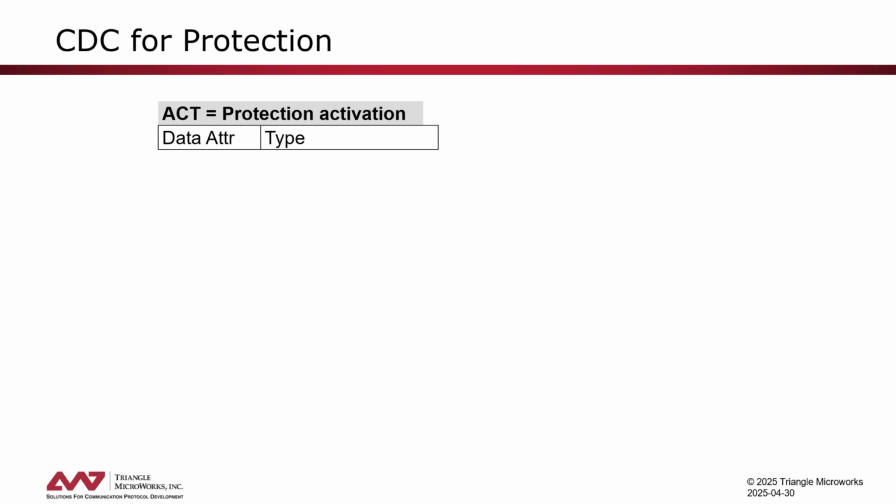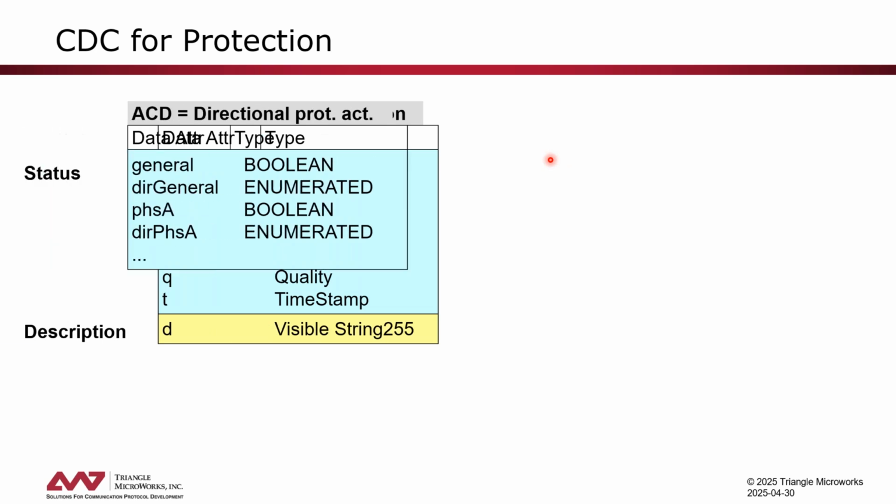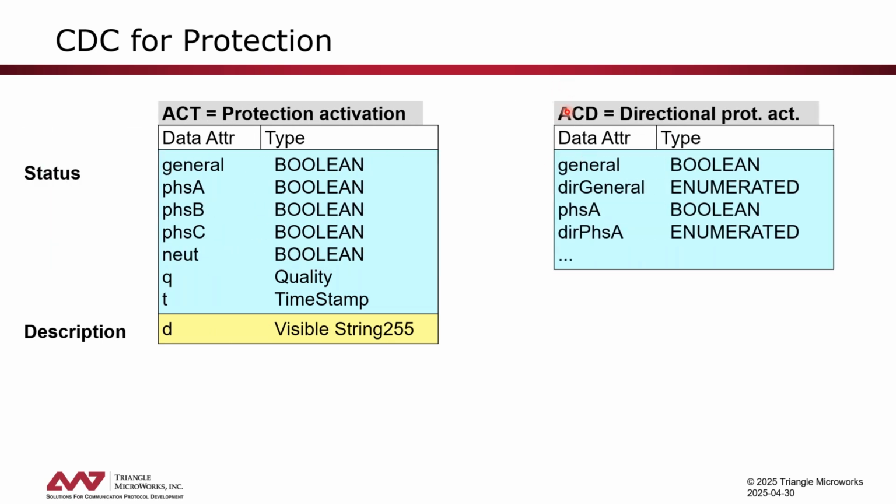I mentioned a little bit protection information. So protection devices typically have information per phase if the element operated or started, but we also can have a general indication, or we have the phase specific where we can indicate it was phase A that has operated or started. In some cases, we also provide directional information, and that's what we find in our common data class ACD.